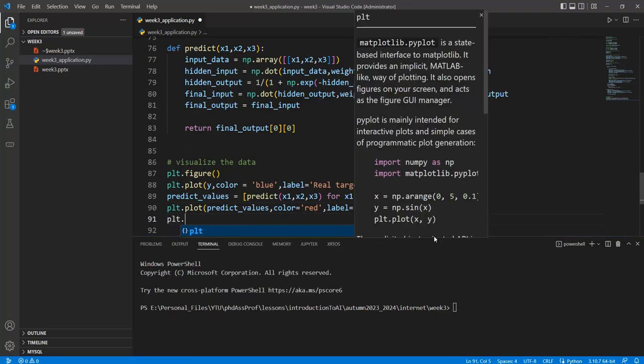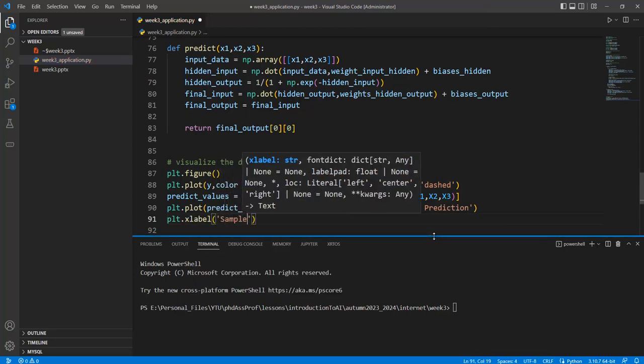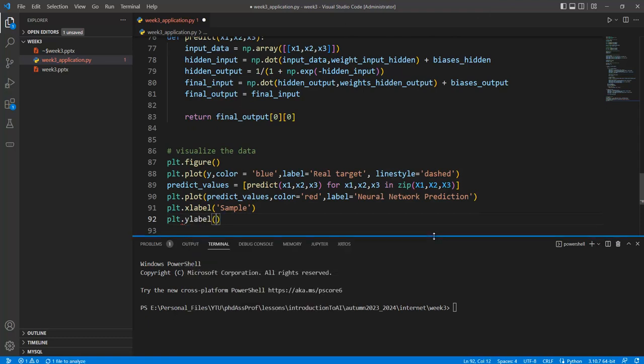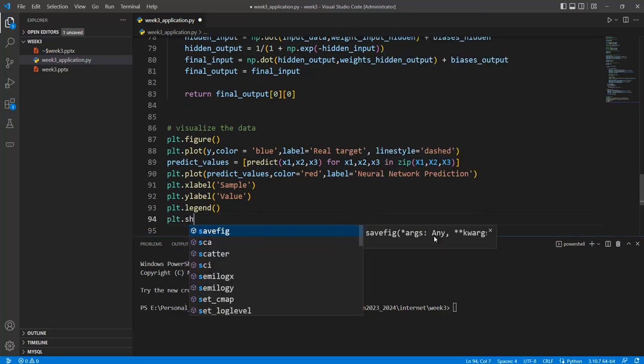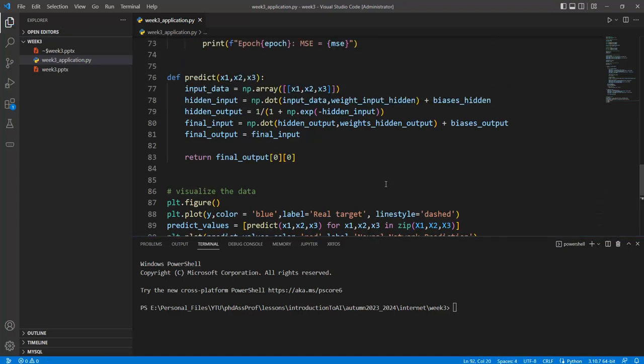So plot x label x sample and plot y label is value, and plot legend should be given in here, and plot show should be given in here. After that we can write the whole data into the Excel file, but in this case we don't need that.